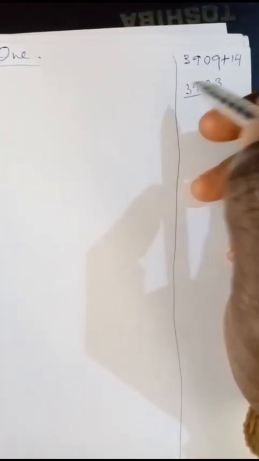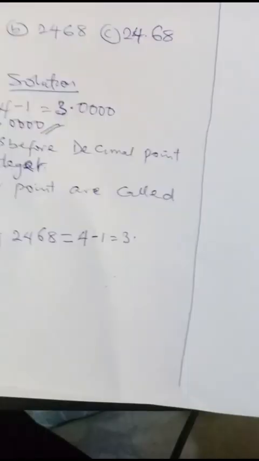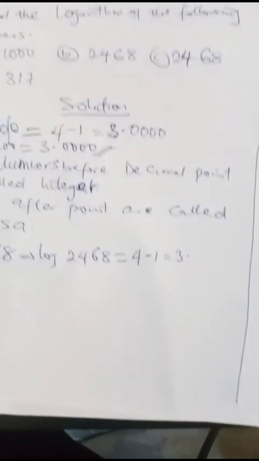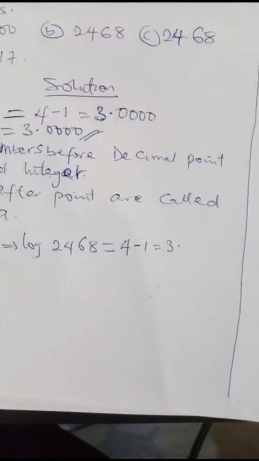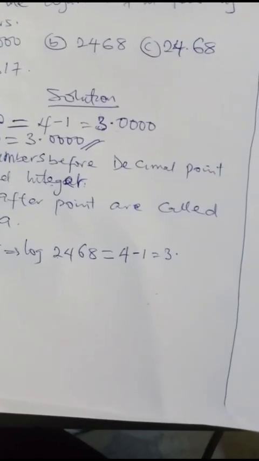By the time you have 3, 9, 2, 3, this is the answer for 24 under 6. Then the next thing we said is difference 8.